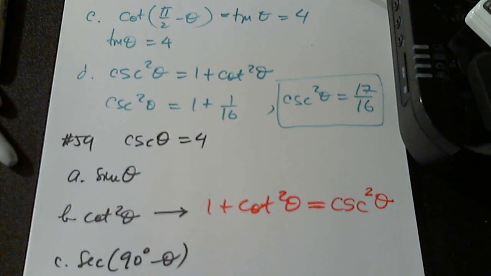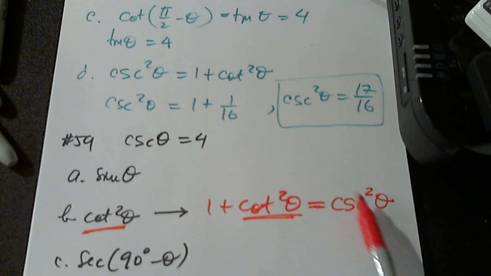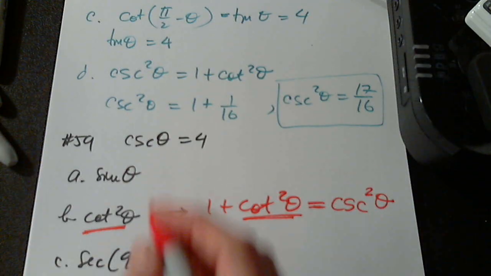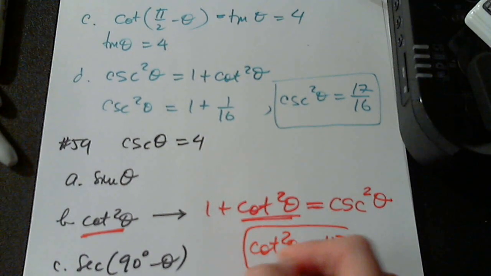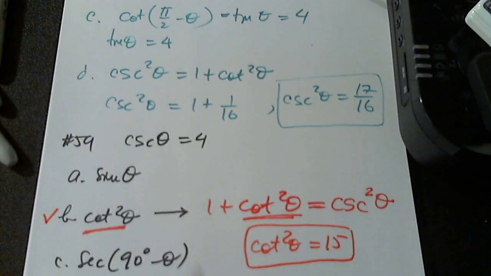Excellent. So we want to determine this. All I have to do is square this and subtract 1. So can anyone square 4 for us? 16. Minus 1 is 15. So cotangent squared is 15. So this is done.